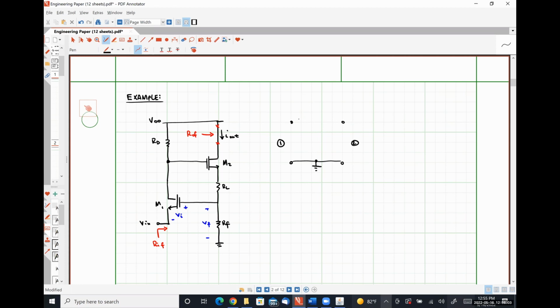So we have a short circuit, and we also have from this point to ground our resistor RF. Our feedback network is literally the resistor RF.